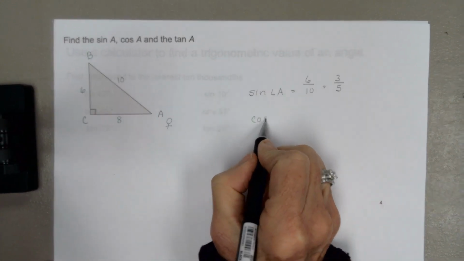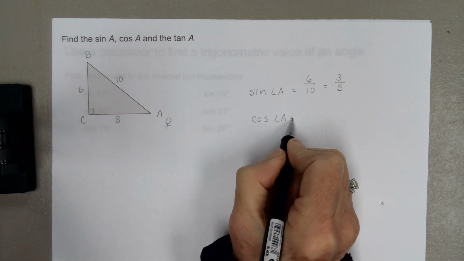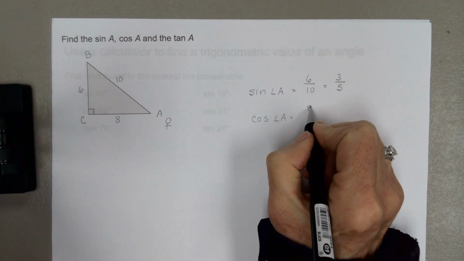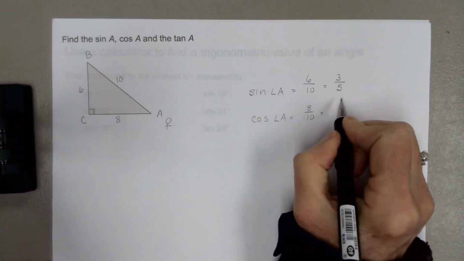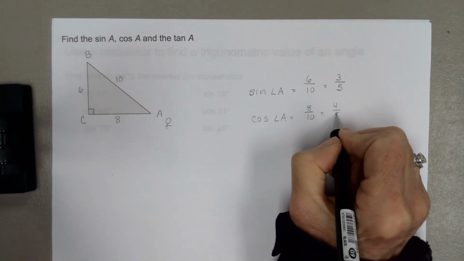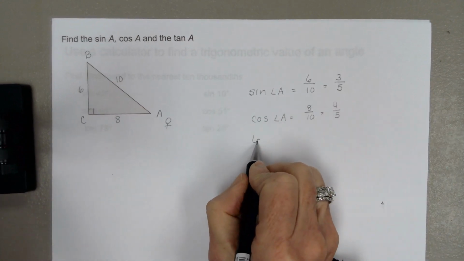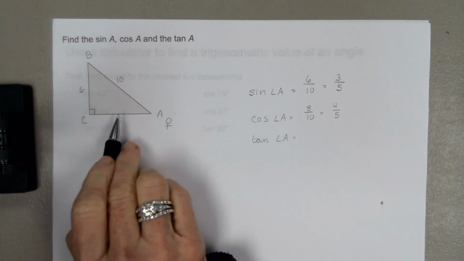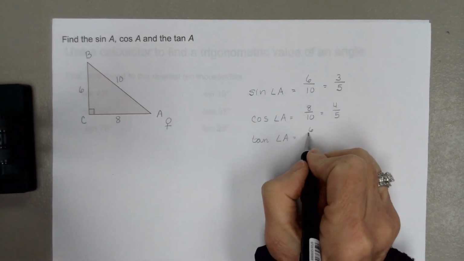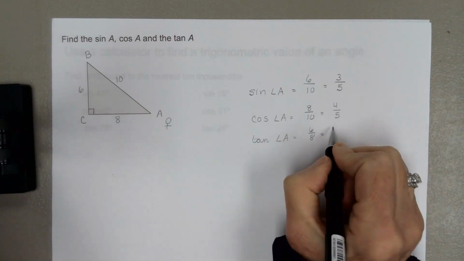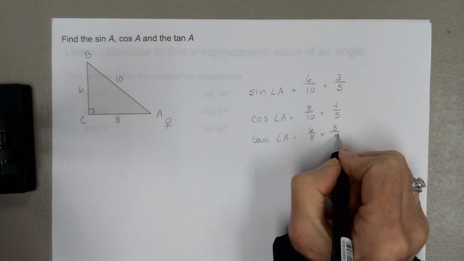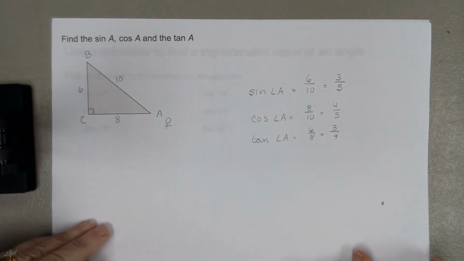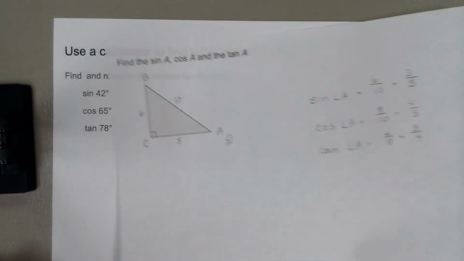The cosine at angle A, adjacent over hypotenuse, so it's 8 over 10. Divide them both by 2, so you get 4 over 5. And then the tangent of angle A is opposite over adjacent, which is 6 over 8. Divide them both by 2, so you get 3 over 4. Hopefully that makes sense to you.